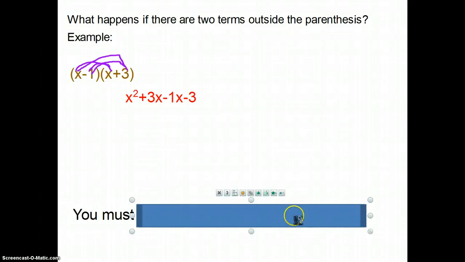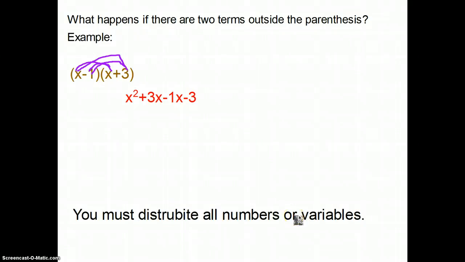So the rule for this is you must distribute all numbers or variables. I'll give you a second to write that down. Alright, I believe we are good.